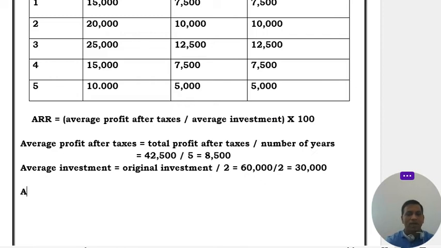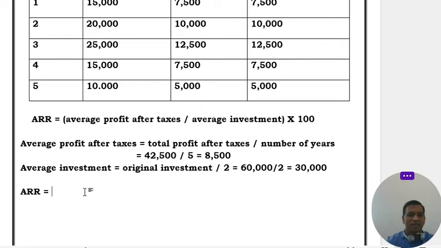So now ARR equals, I have the numerator average profit after taxes and I have the denominator average investment. Both are ready. Now substitute the values in the formula.